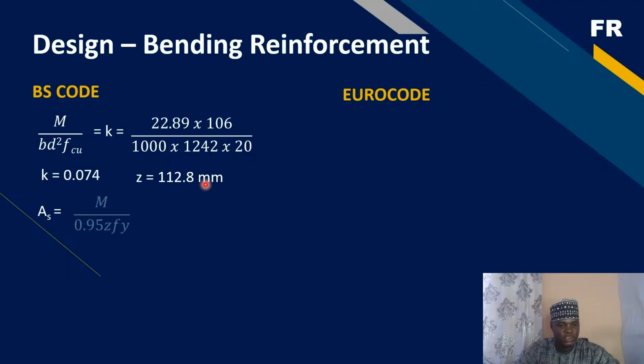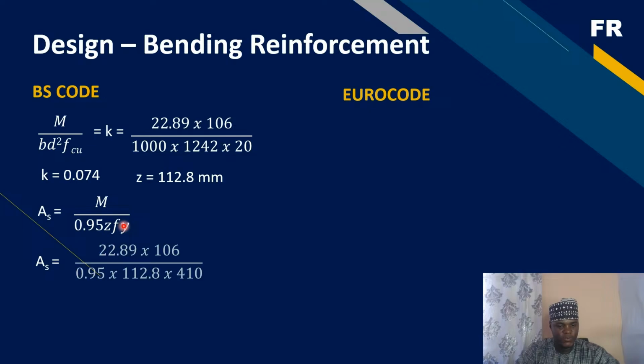The As required will now be calculated from this value, M over 0.95 z fy. If you substitute the value of M, which is 22.89 times 10 to the power of 6, divided by 0.95 times 112.8, fy here is the characteristic strength of the reinforcement, which is 410.